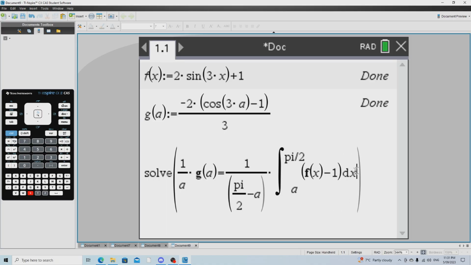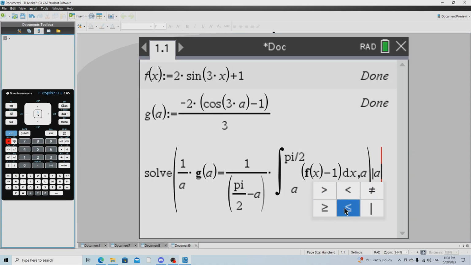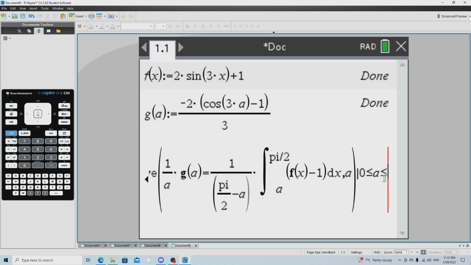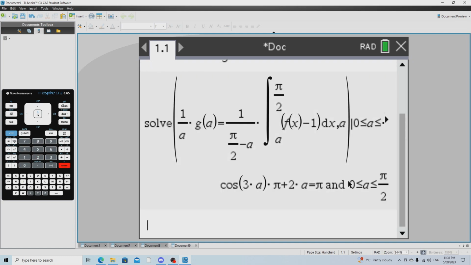Okay, so we get this comma a given that a must be kind of between 0 and pi on 2. Here we go.